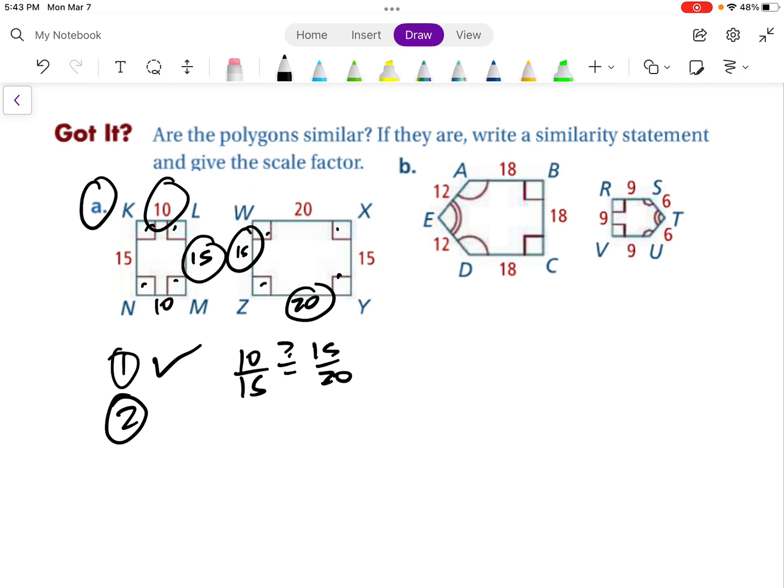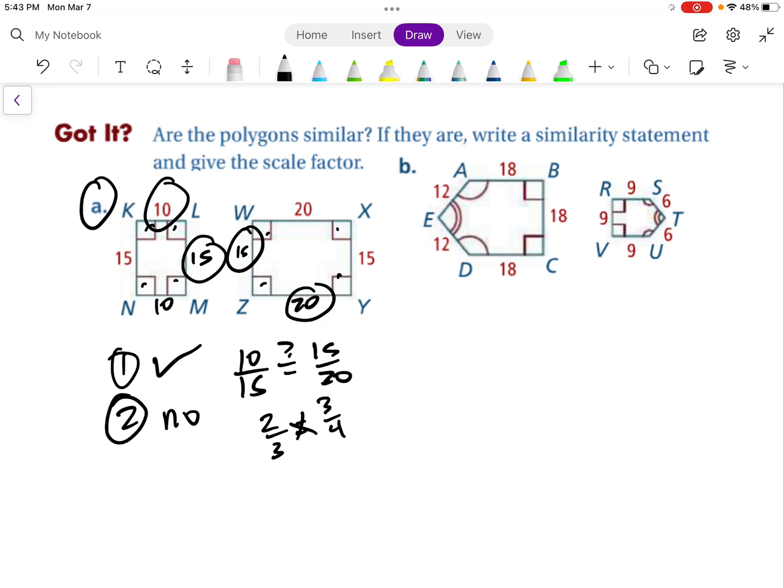So let's just check that. 10 15ths, I divide them by 5, I get 2/3. 15 20ths, I divide them by 5, I get 3/4. Well, they're not equal. So that second thing, right, was the sides have to be proportional. We would say no on that one. So the question is, are they similar? The answer on this one is that they're not.